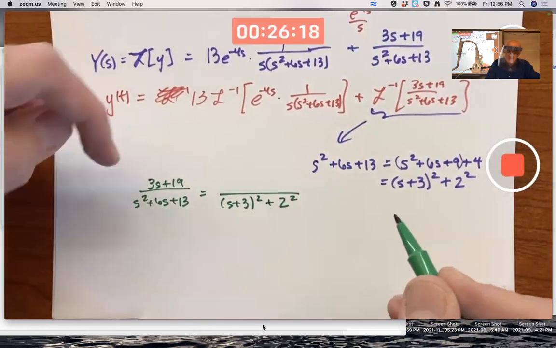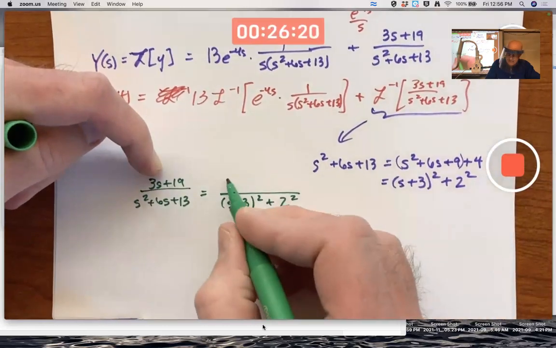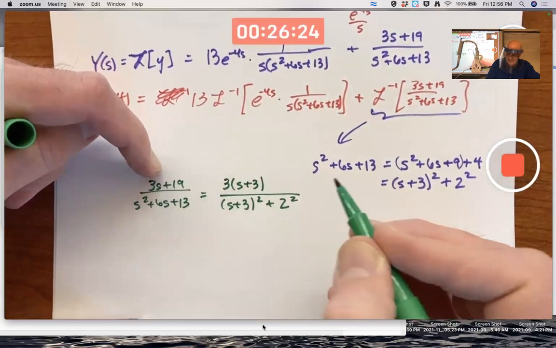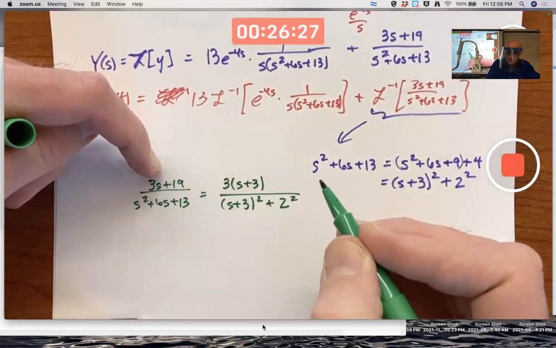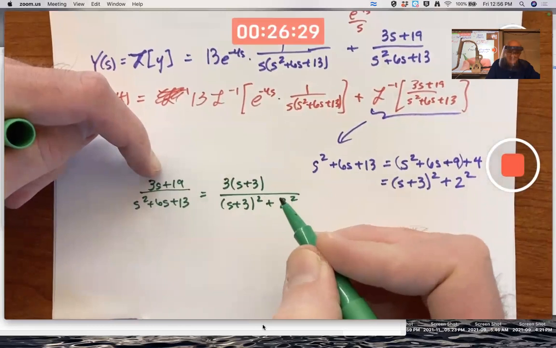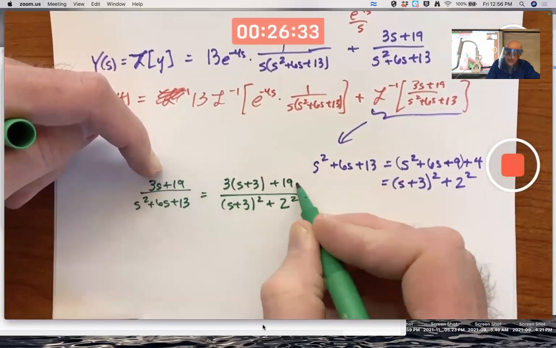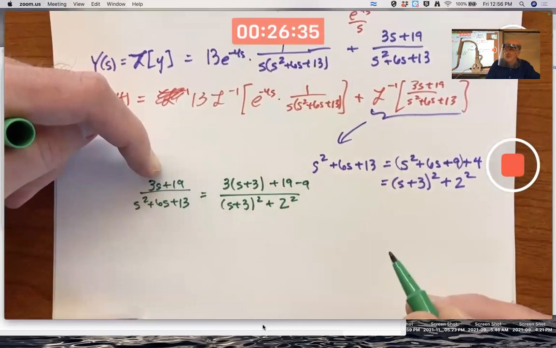Let me replace in the numerator s with s plus 3. But wait a minute, how can I do that willy-nilly? Replacing s with s plus 3 is okay, as long as I also subtract off 3 times 3 to make them equal.